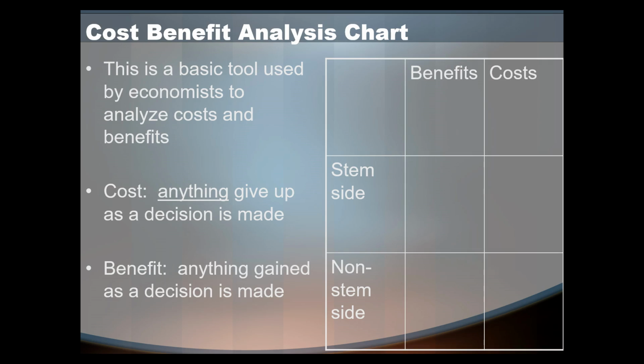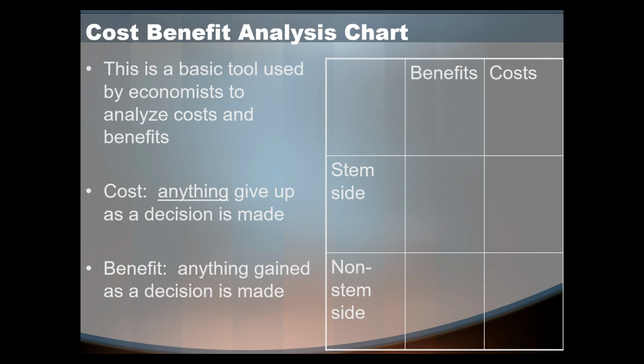The benefits are anything that you gained as a decision was made. And we assume that when you make a decision, the benefit outweighed the cost of that decision, and therefore you decided to do it. So the benefit of coming to class is maybe that you learned economics, or maybe that you're learning how to make better decisions, or maybe it has to do with your grade, maybe it has to do with your family.